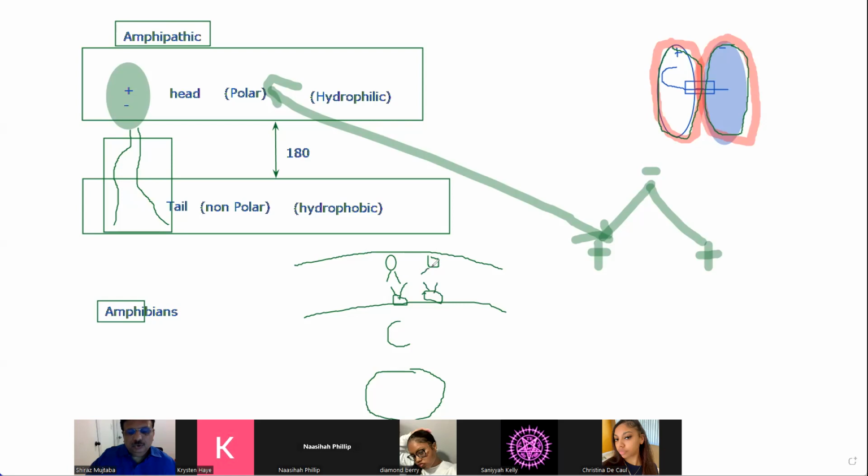What you should note here is that the head is pointing either outside or inside into the cytoplasm. And the tails are facing each other inside.